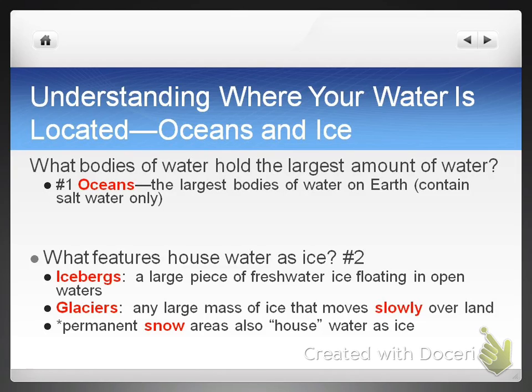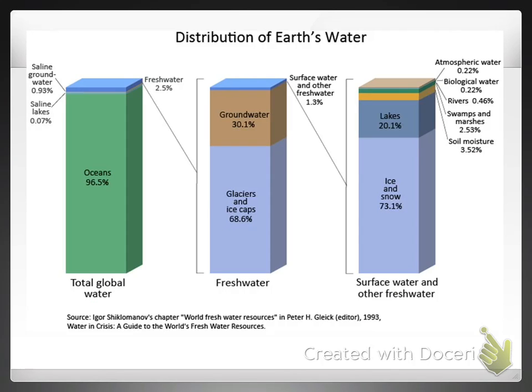Now, on your notes, you have a breakdown. You have 3 bars that show the distribution of water. The first one to the left, the green one, shows that oceans make up 96.5% of all the water on the earth.